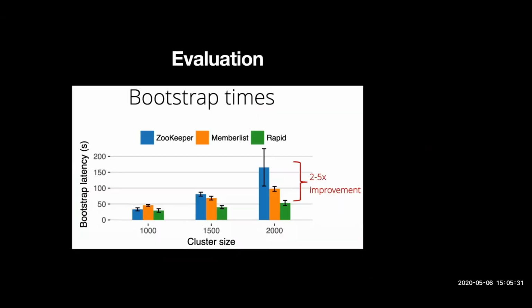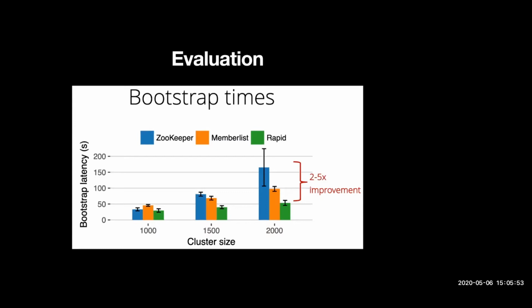So let's look a bit into the evaluation. The first evaluation that the authors do with Rapid is by setting up a 1,000 node cluster. They vary the cluster size as well. At the minimum stage with a 1,000 node cluster, the bootstrap timings are almost the same.